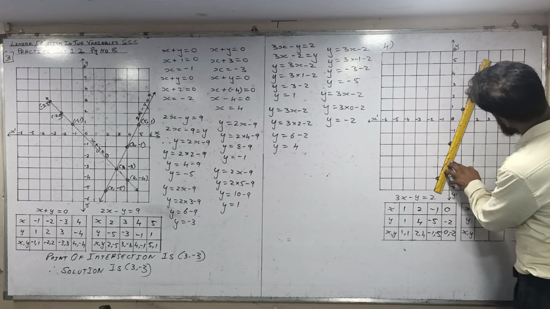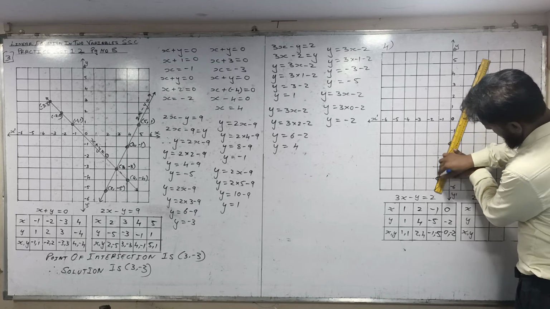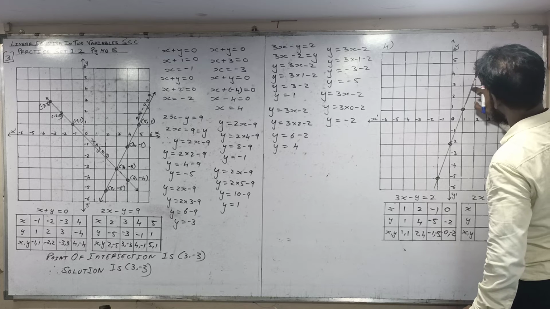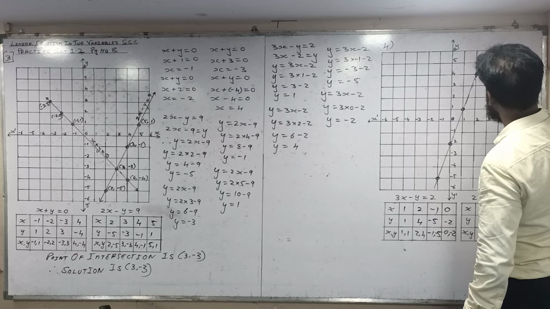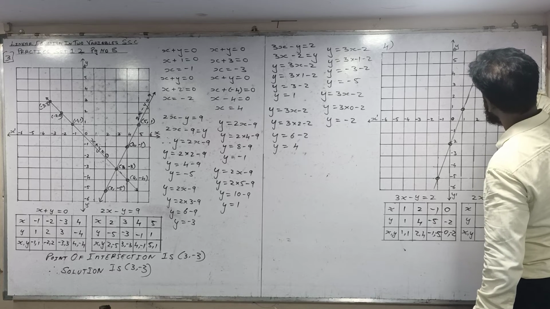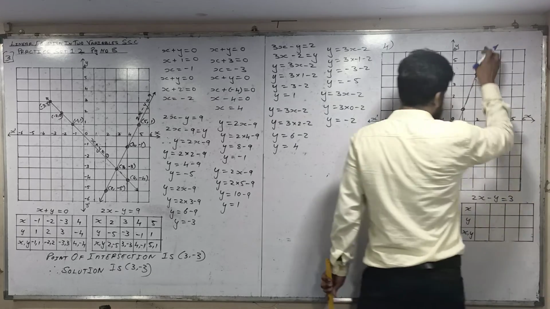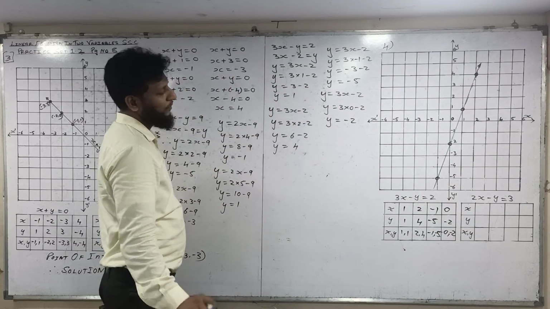Properly arrange in your textbook the line and then draw the line. No double line in your textbook when you do the sum. Try to avoid this. So this line, and now we'll do the equations.